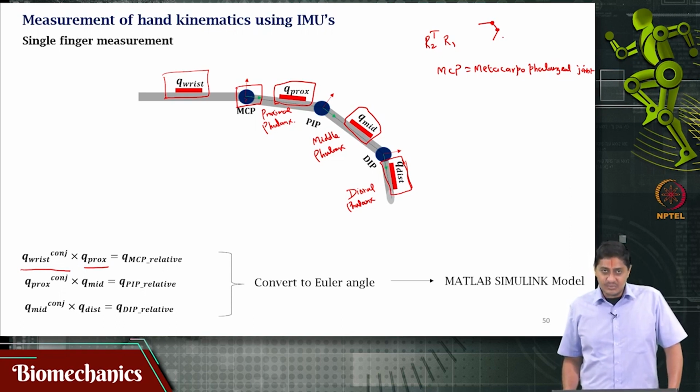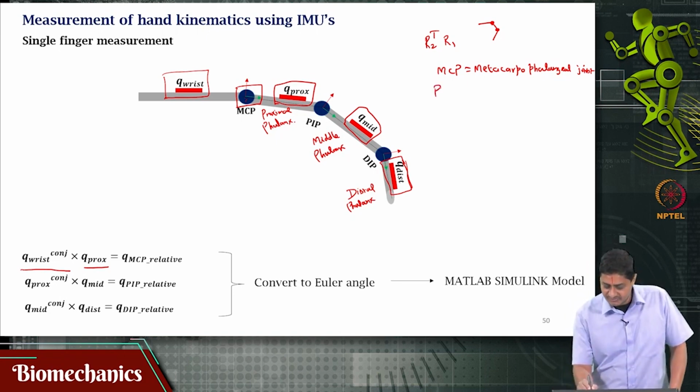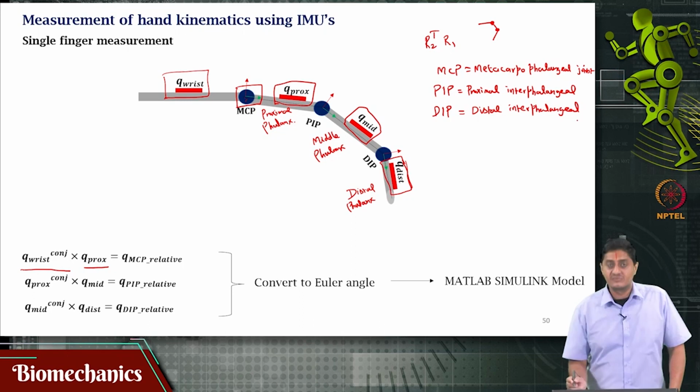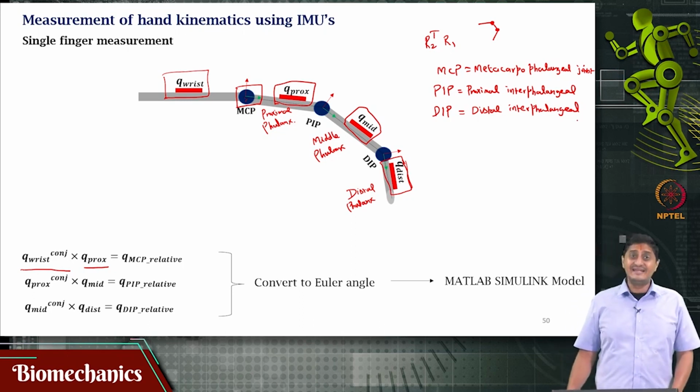The one that is proximal is called the proximal interphalangeal joint, or the PIP joint. The other is called the distal interphalangeal joint, or the DIP joint.